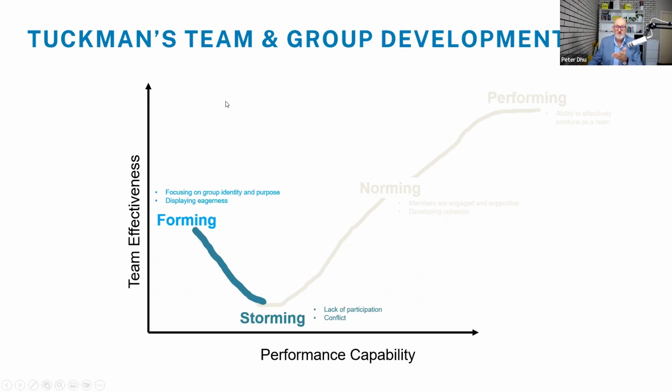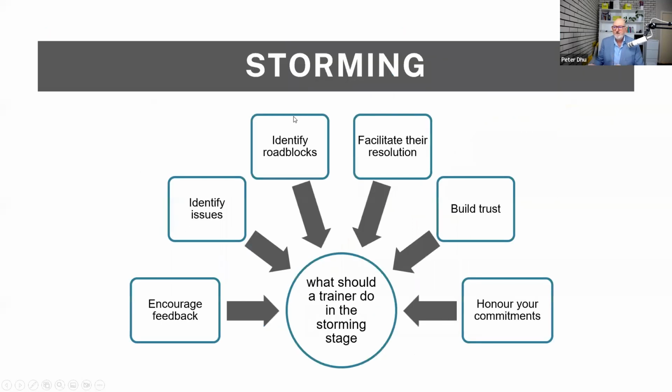What's your role as you facilitate, as you lead this workshop, this discussion? Your role is to encourage feedback, to encourage two-way discussion, to keep an eye on what's happening, to listen and provide feedback, to identify issues that you're seeing surfacing, that you're hearing, and to identify the roadblocks to moving forward.